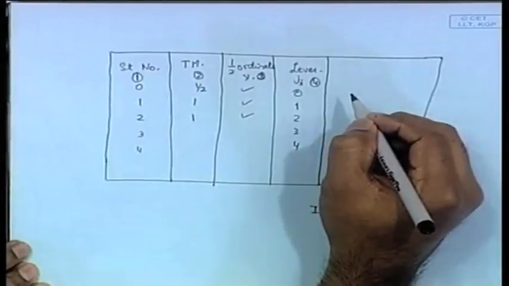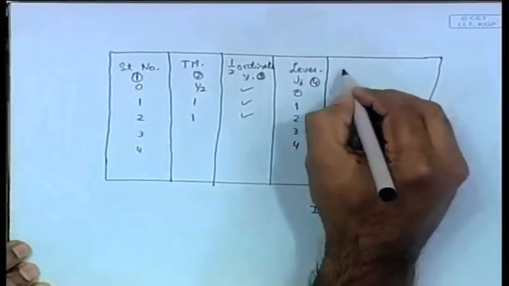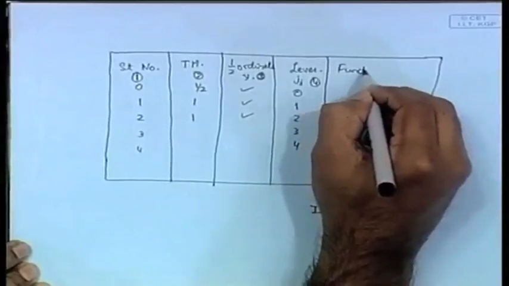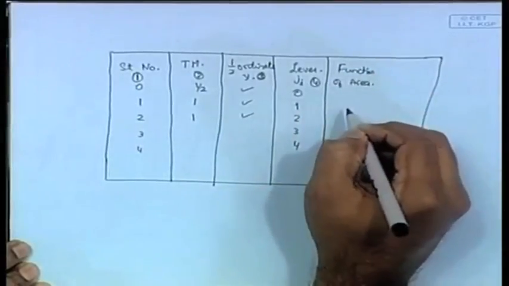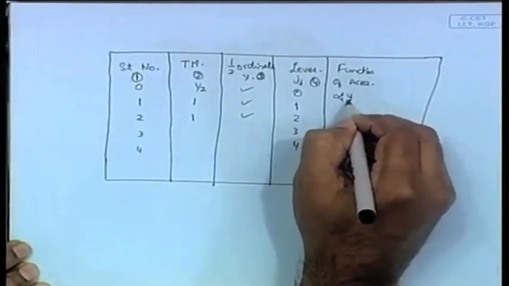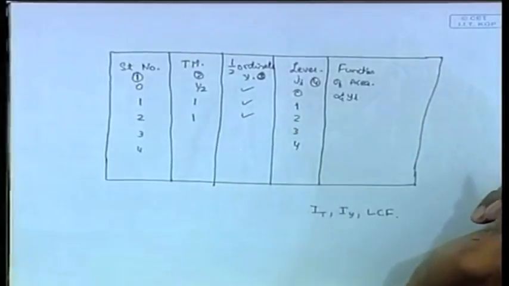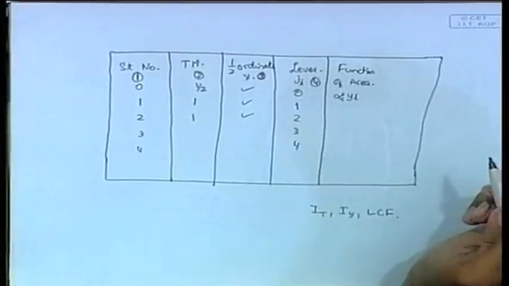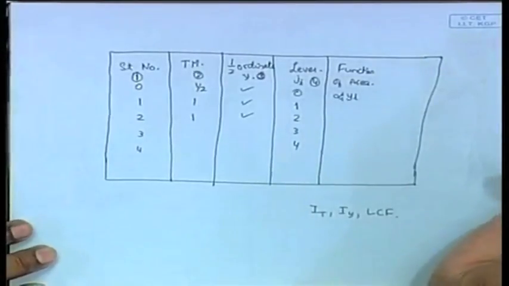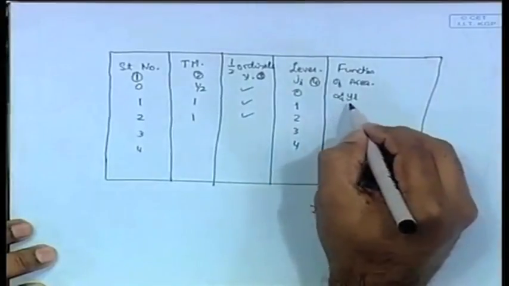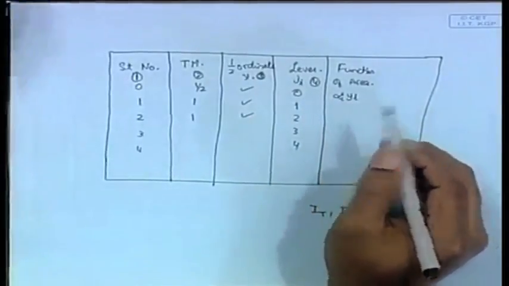Then functions of area, alpha I y I. Now, this is to find the total water plane area.